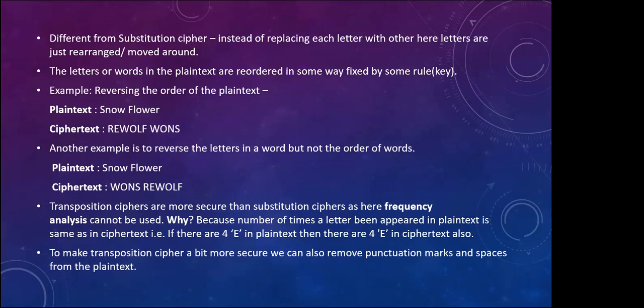That's why it is a little more secure than the substitution cipher, but we can't say that it's totally secure. We will see why it's not totally secure, but it's more secure than the substitution cipher.